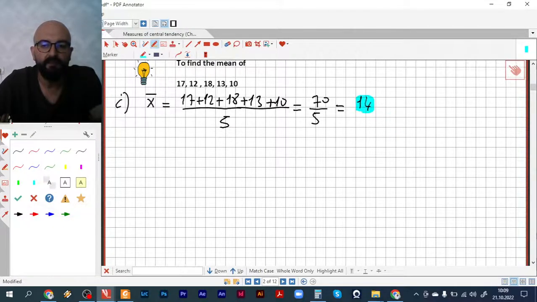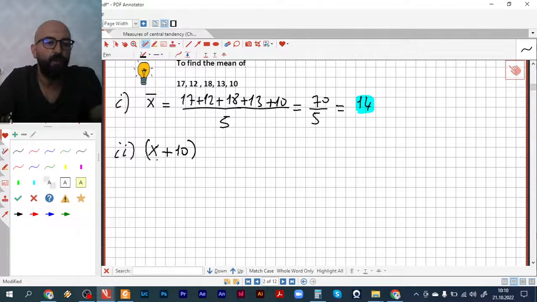Okay, this stays here. If you want to use, for example, 10 more than all data, you can find 10 more than the mean, if you use the sum of x plus 10 over frequency.